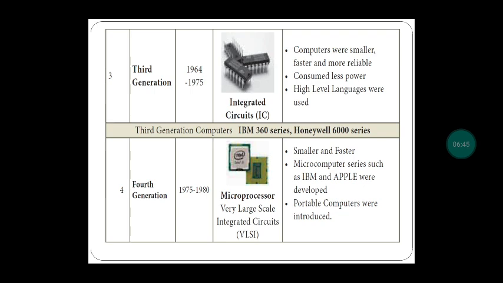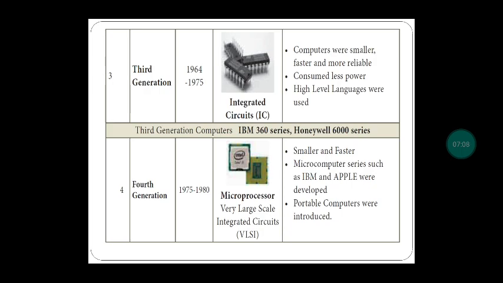These microprocessor computers are smaller and faster, and the microcomputer series was introduced in the fourth generation. That is, IBM and Apple computers were introduced. Portable computers were also introduced in this fourth generation.